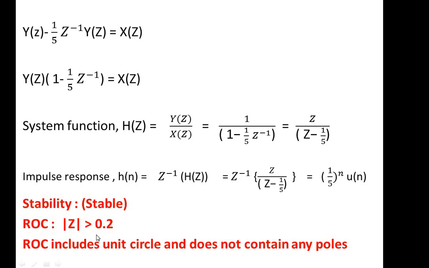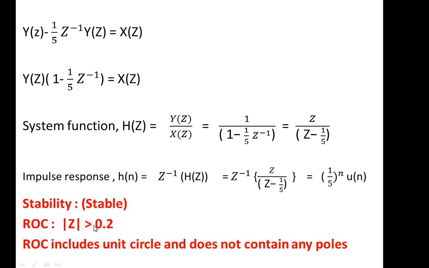So it means that the ROC starts from 0.2 till infinity. We have a unit circle with radius 0.2, and more than this radius 0.2 we will be having the ROC, so that the ROC is containing that unit circle. So condition number 1 is satisfied.